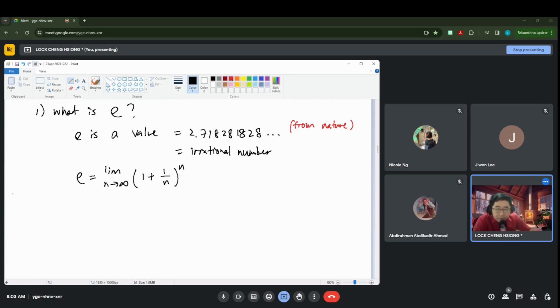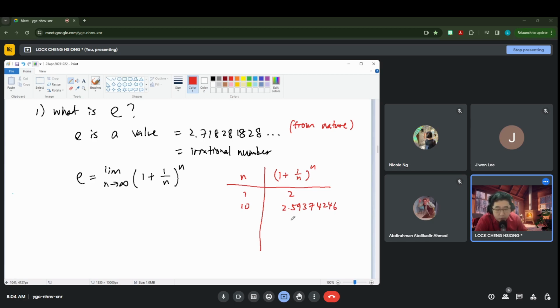How do we actually know that? Let's say we start with n. (1 plus 1 over n) to the power n. Calculate. If I start with 1, I have the value 2. If I continue with 10, you have 2.593742246.